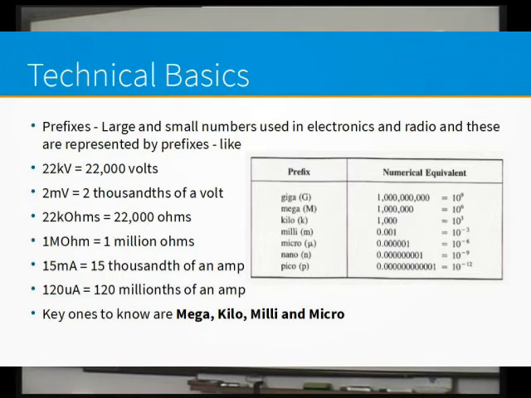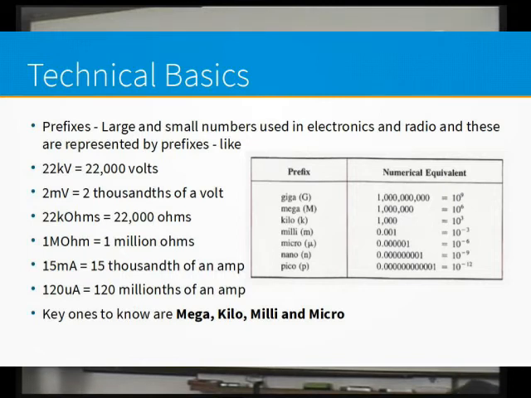Now, we use very large numbers and very small numbers in amateur radio and electronics. If we were having to write out all the zeros each time that we use these numbers, it would drive us crazy. So what we use are some prefixes around very large numbers and very small numbers.